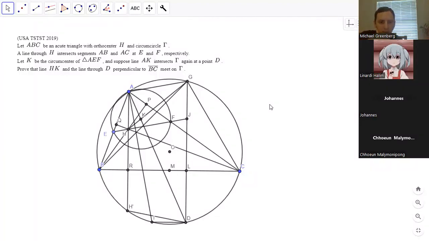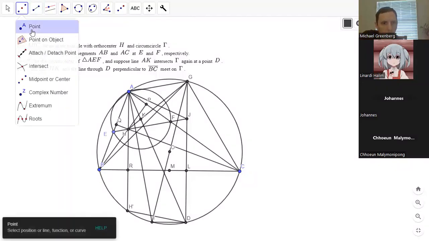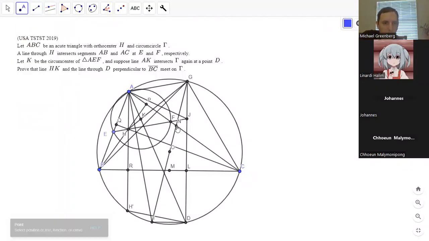Yeah, I'm trying to work backwards. I did this. Maybe Pascal's theorem helps.